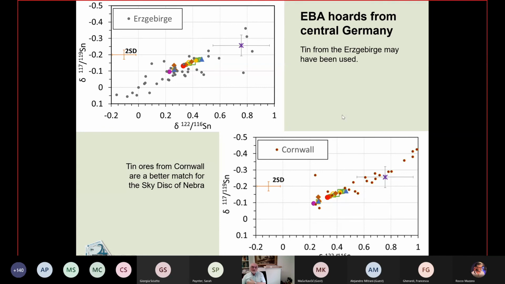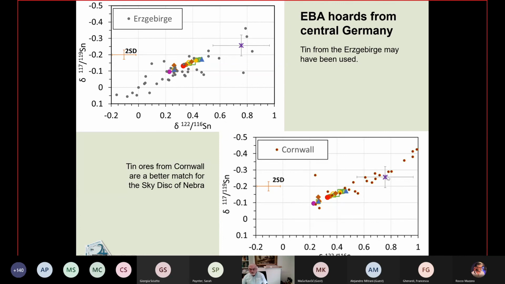But what I want to show is that again, the more diligent we are, the less certain we are, because if you look at these, here we plot the newer database of the Erzgebirge and of Cornwall, and you see we have a large overlap in this region. So we cannot say for these colored data points, the objects, if they come from the Erzgebirge or from Cornwall, but Erzgebirge cannot be excluded.